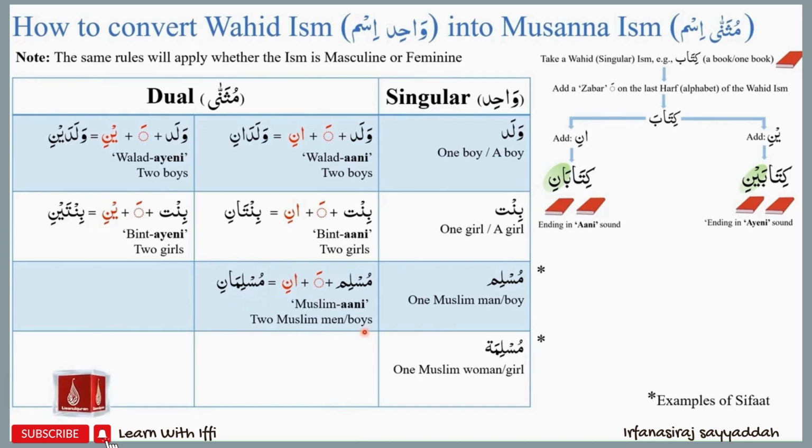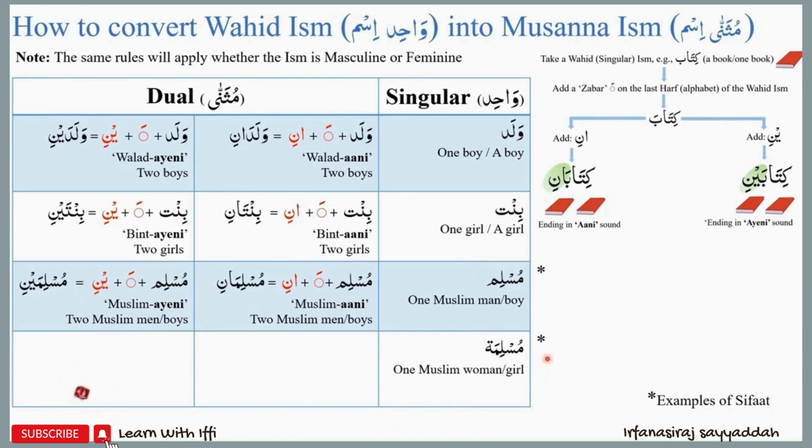And for the second version of musanna of Muslim, we will add zabar followed by ya noon zair, where we have Muslimaini. Again, we have the aini sound at the end, which means two Muslim men or two Muslim boys. Walad becomes waladani or waladaini. Bint becomes bintani or bintaini. Muslim becomes muslimani, muslimaini.